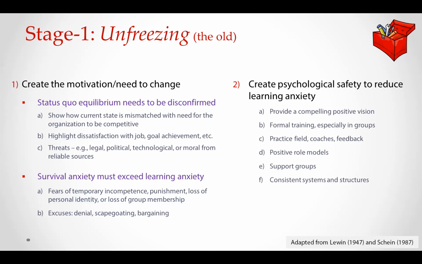You can also provide coaches. You can provide short projects where people can learn, make mistakes and learn. Also make sure that there are some positive role models available within the organization who can provide some inspiration to people as they start this change process, right?